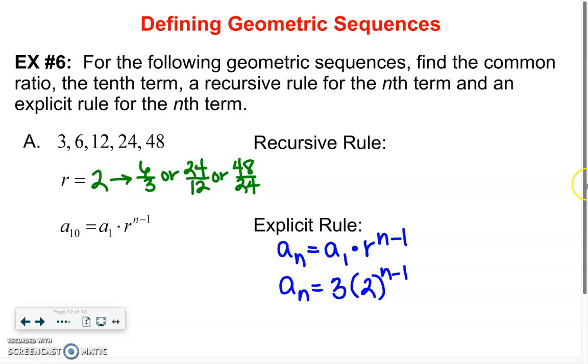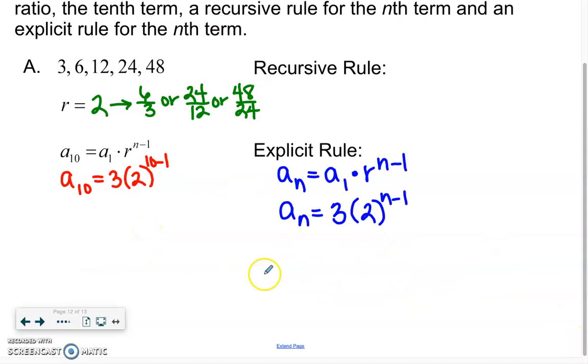So once you have your explicit rule, you are just going to plug in 10 for the value of n, like this. And you're going to compute. And you're probably going to need a calculator to do that, which is totally fine. So I'm going to simplify before I do anything else. The exponent, it looks like 10 minus 1.